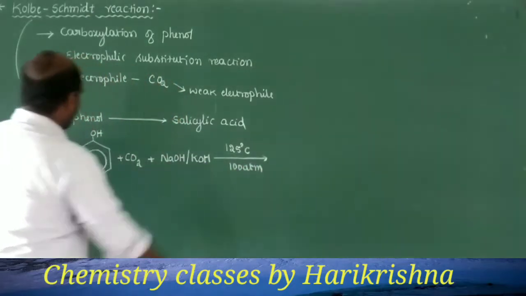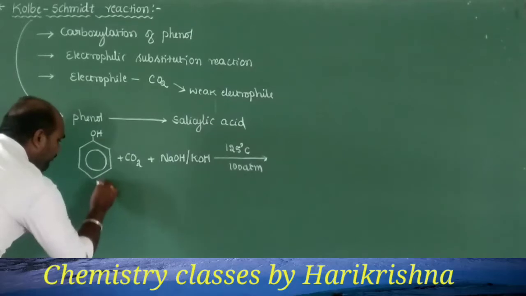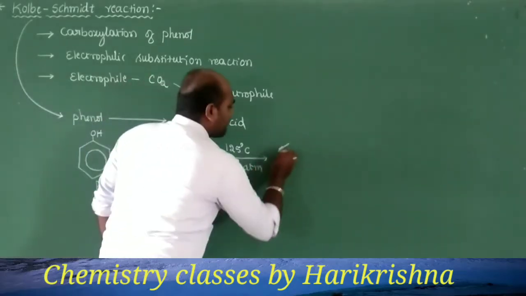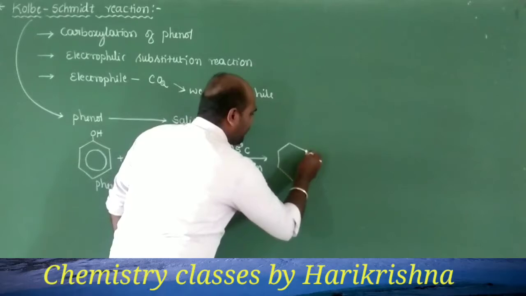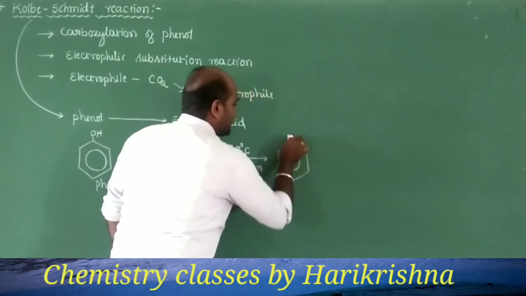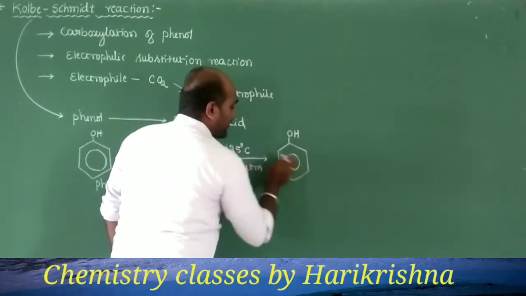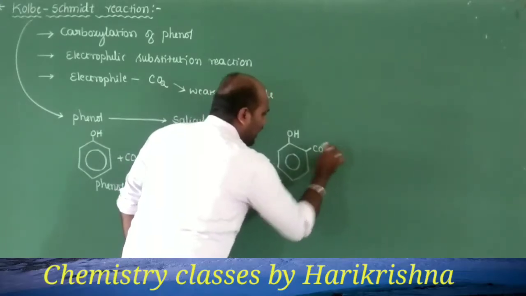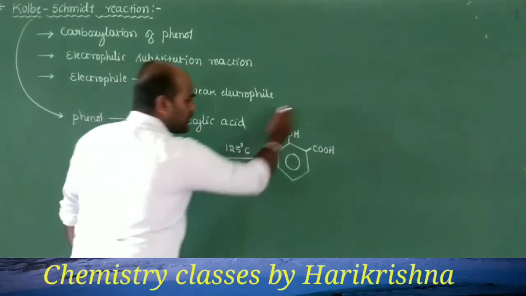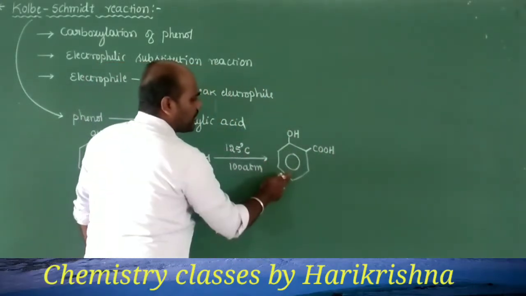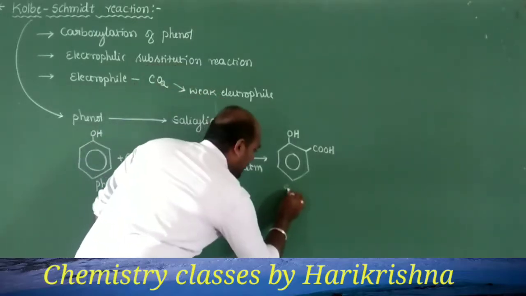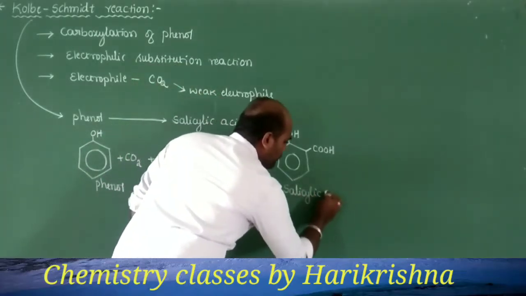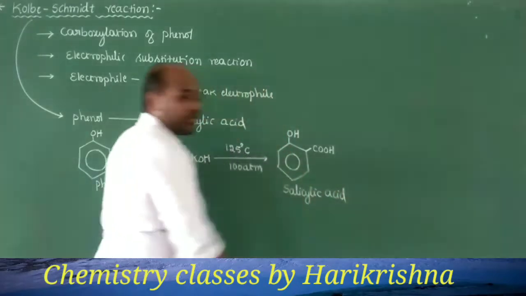Under these conditions, phenol reacts with carbon dioxide in the presence of base, resulting in the formation of salicylic acid. That means with respect to OH, the carboxylic group is created at the ortho position. This is the structure of salicylic acid, produced through the Kolbe-Schmidt reaction.